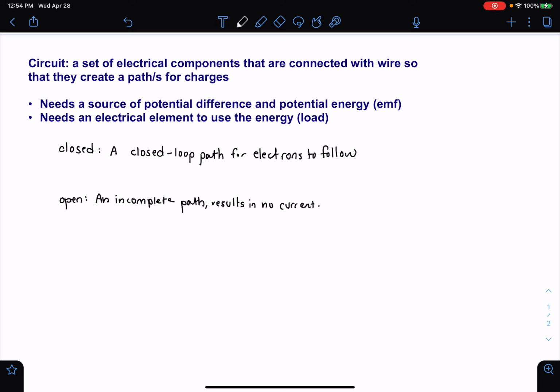Okay, so in order to draw circuits, we do need to have a common way of drawing these, a common way of illustrating them. And so there is a system that has been set up where you can actually create a diagram of a circuit called either a circuit diagram or a schematic diagram that shows all of the different components that are a part of the circuit.